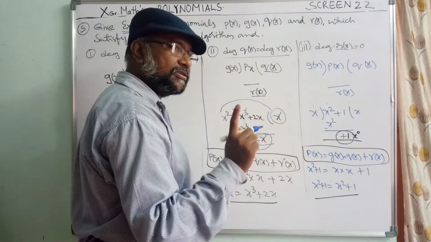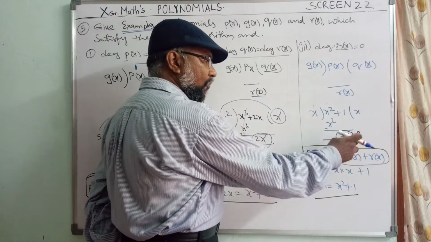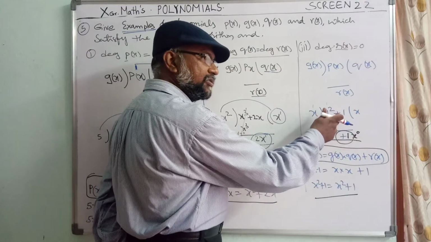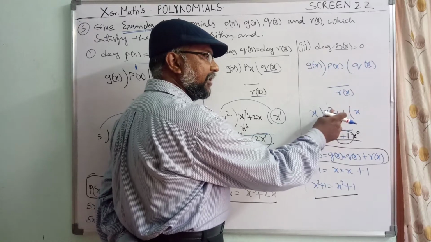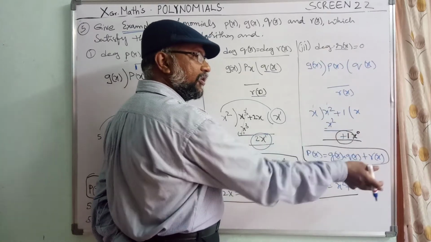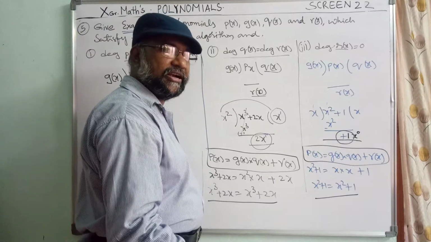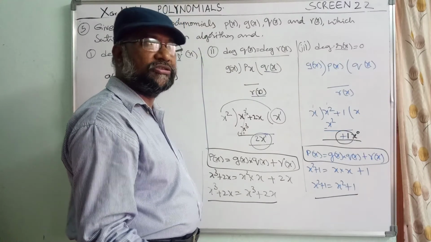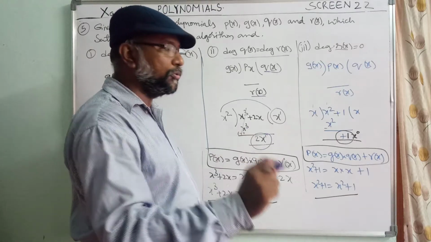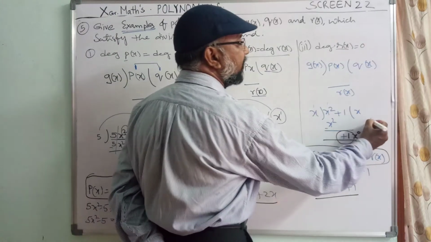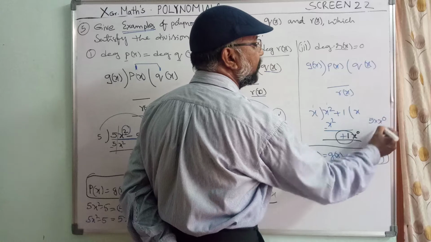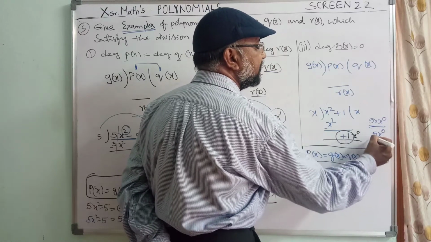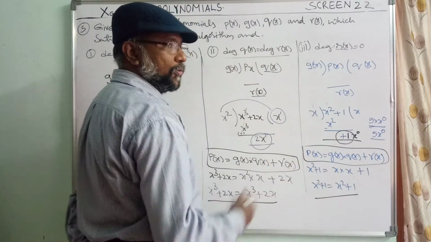Anything power 0 is always 1. Therefore, 1 into 1 is 1. Whatever the number it comes, whether it is 1 or 2 or 3, if you keep 5, you can drop down the 5. Therefore, 5 is a constant number. Therefore, the degree of that 5 is always 0. Because 5 into x power 0. Therefore, the degree of this term, 5 into x power 0, is 0.